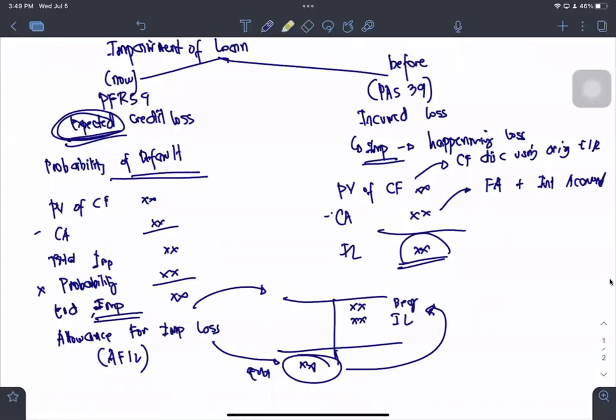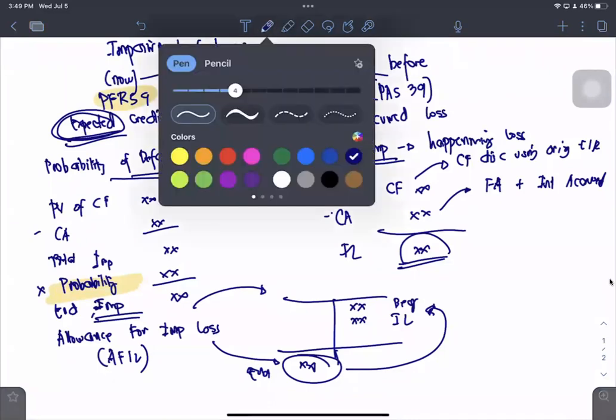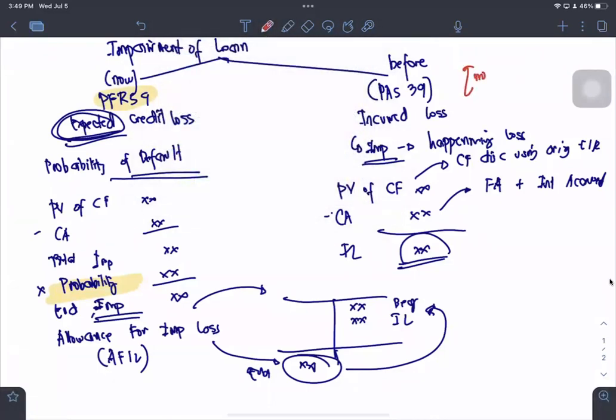So what is the difference therefore? Under PFRS 9, whenever you see a problem with a probability of default, then we are using PFRS 9. But if there's no probability of default in the problem, then you will still make use of your impairment under PAS 39.